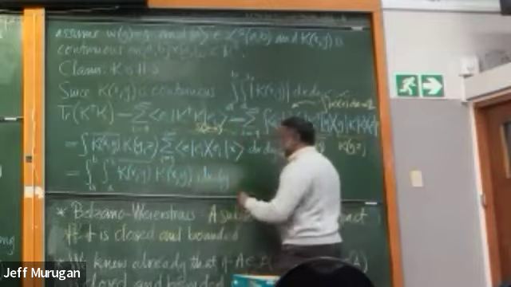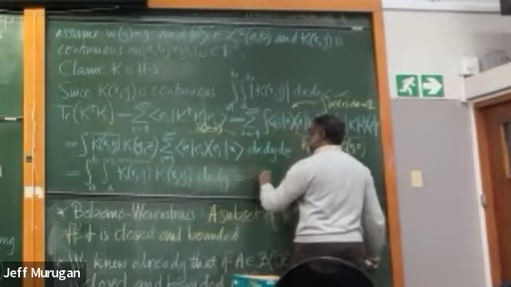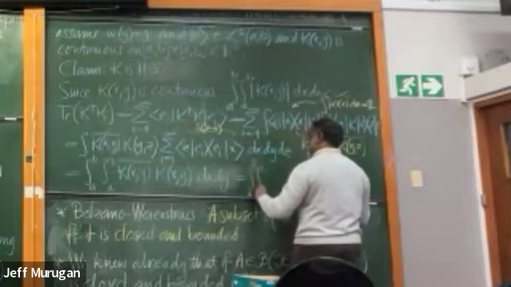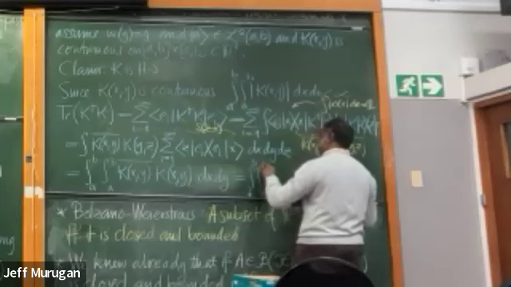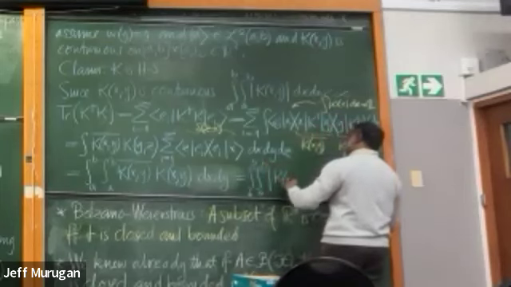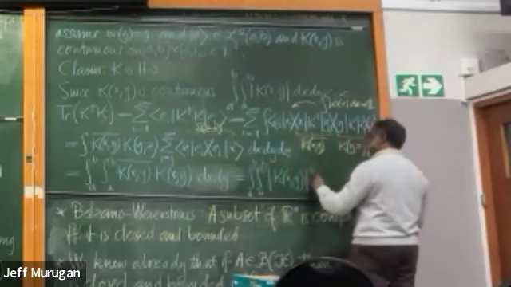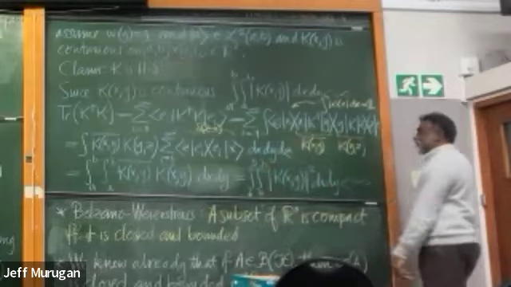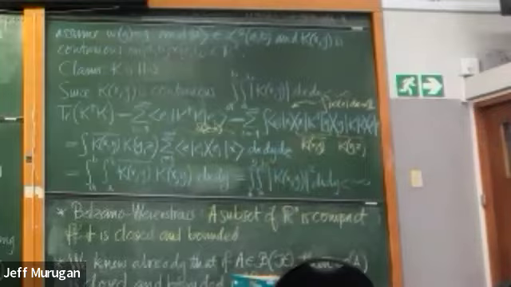But this is precisely mod K of x, y squared dx dy. We just said that because this is a continuous operator on a rectangle, it's finite, therefore the trace of K dagger K is finite, therefore K is a Hilbert-Schmidt operator.